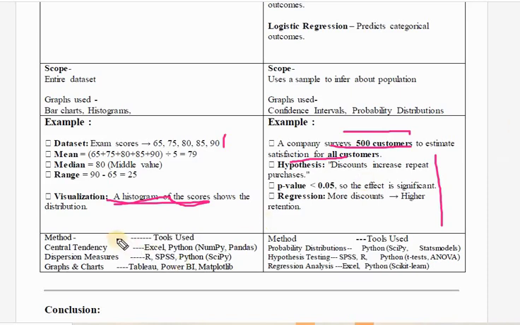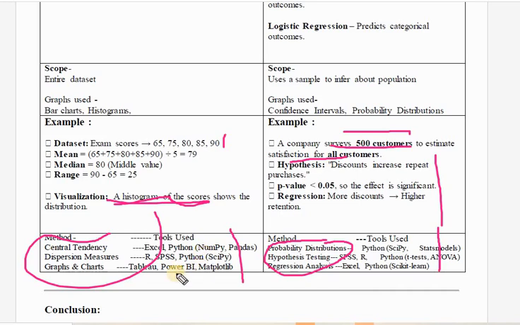The methods listed here are used in descriptive statistics, whereas for inferential statistics the methods listed are used to analyze the data. As for tools, there are NumPy and pandas. If you are familiar with Python, you will know these NumPy and pandas libraries.